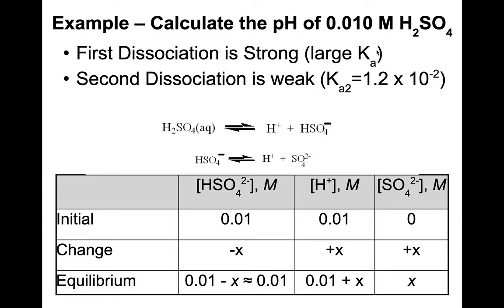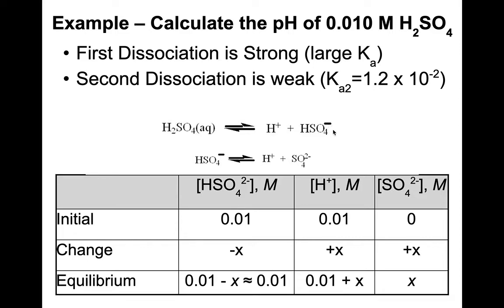Now, since we know the first dissociation is strong, we are going to assume that the first hydrogen comes off of every sulfuric acid molecule in solution. Therefore, if we add 0.01 moles per liter, and the first hydrogen comes off of every one, then we also have 0.01 moles per liter of hydrogen ions from that first dissociation.